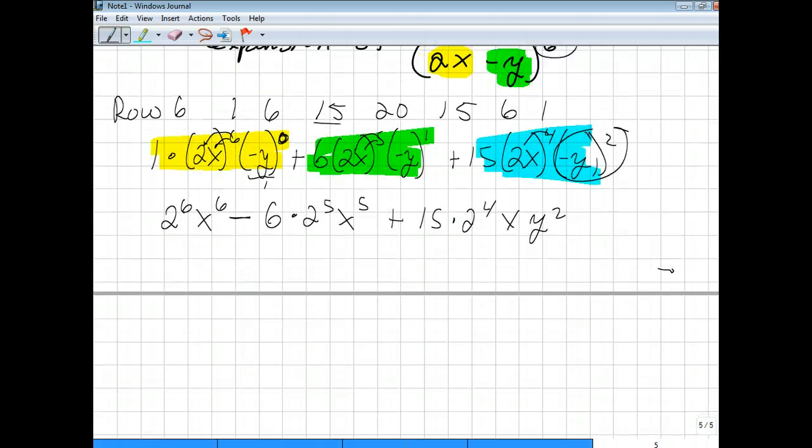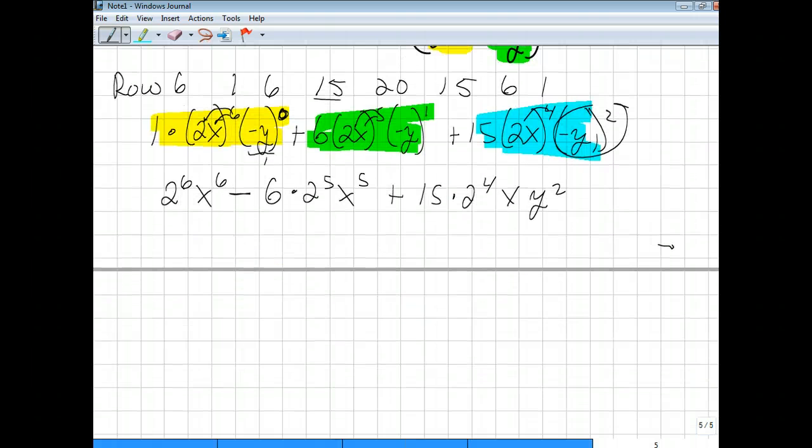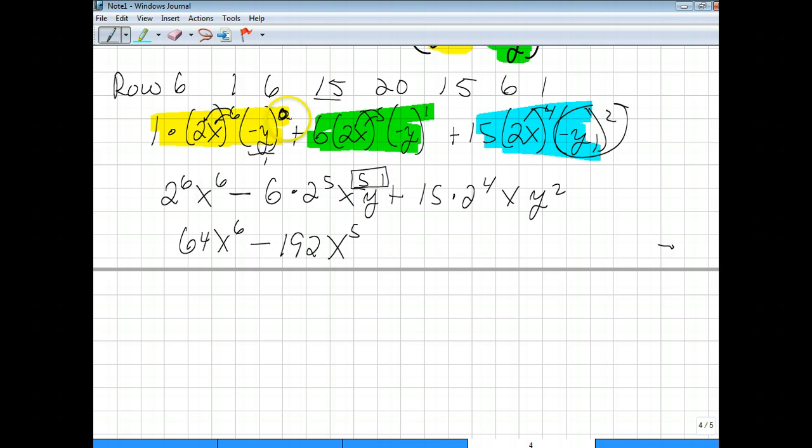Okay, then continue simplifying. 2 to the 6th is 64, so we have 64 x to the 6th. 2 to the 5th is 32 times 6 is 192. X to the 5th, whoops, I forgot my y here. This should be a y to the 1. And I knew I'd made a mistake because my exponents have to add up to the power.